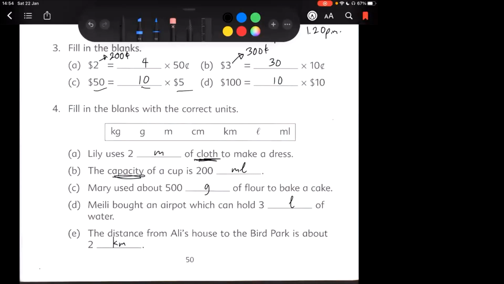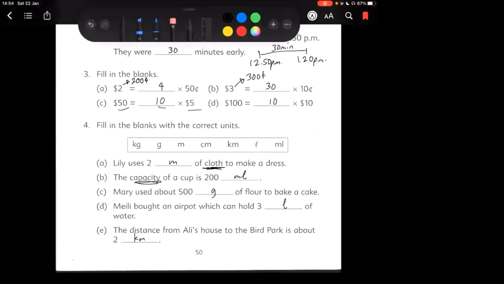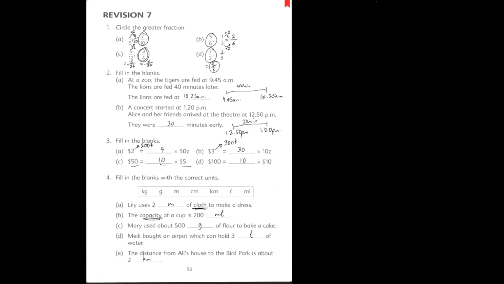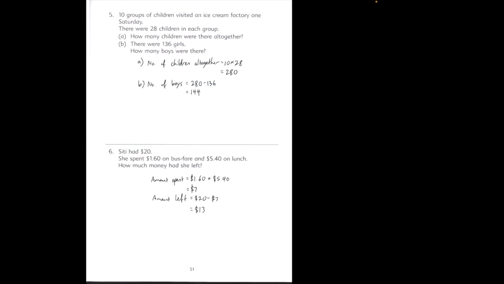The distance from a house to the bird park. I'm pretty sure bird park is not walking distance from anyone's house, but it's not like you guys would know that because you didn't live in Singapore and you probably don't know what the Singapore bird park is. So that's fine, I think.